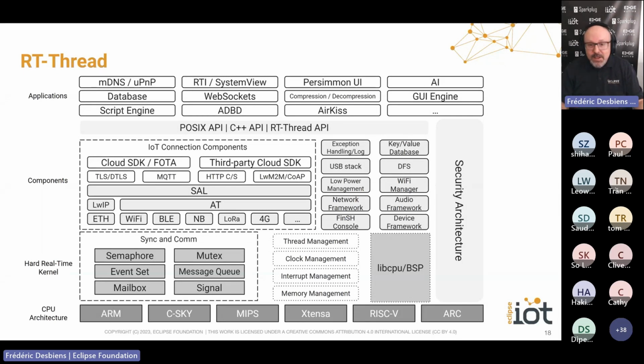And from a connectivity standpoint, with support for Wi-Fi, Bluetooth, LoRa, 4G, etc., you have plenty of options to choose from. But really what's interesting in there is, of course, the extensive ecosystem of applications on the top that are not necessarily shipped with the OS, but are maintained by the community, the core RT-Thread community. And here, that's certainly a very nice value add as far as I'm concerned.